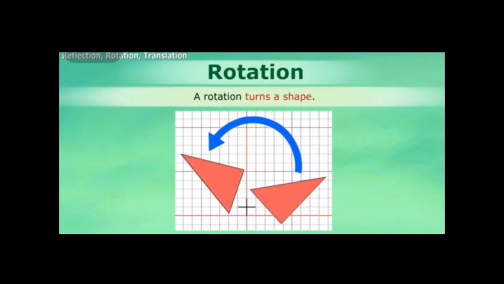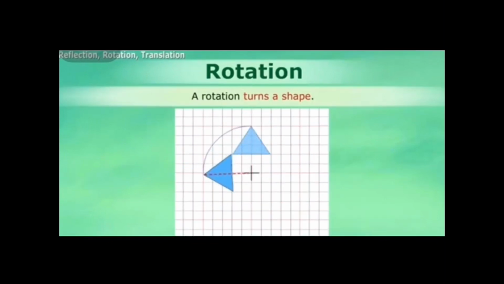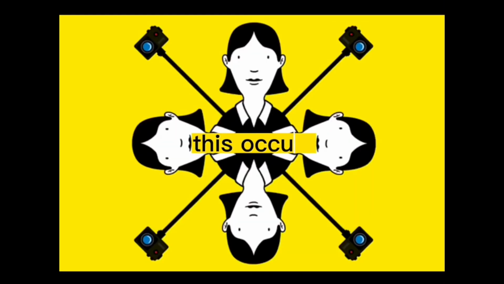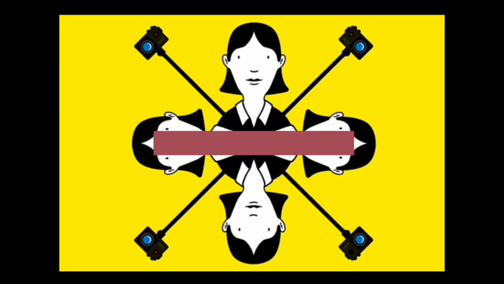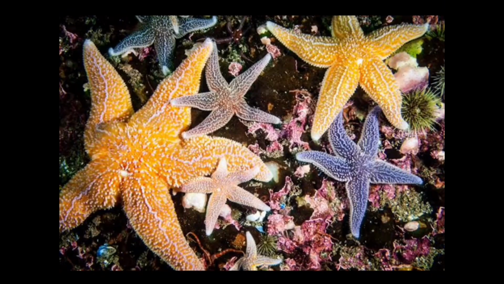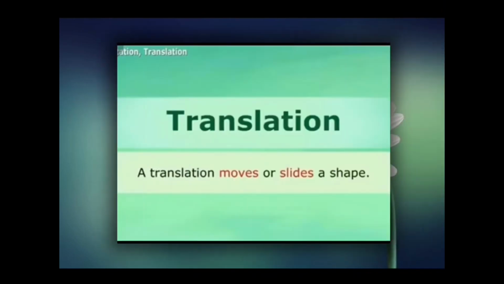Meanwhile, turns or rotational symmetries occur when you get the exact same image of an object when you spin it, for example at 180 degrees. This occurs in shapes like squares or circles, or in natural things like starfishes or flowers.